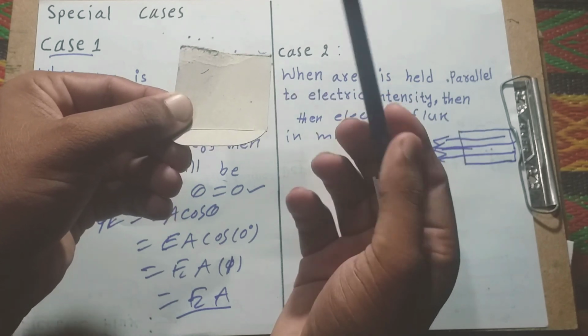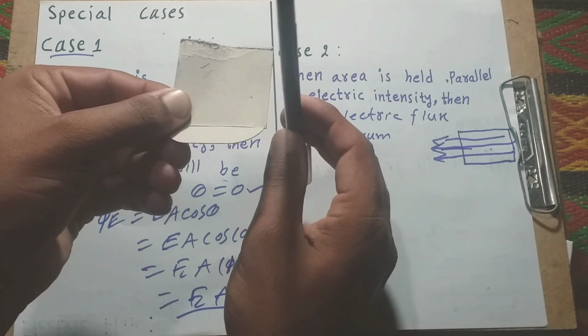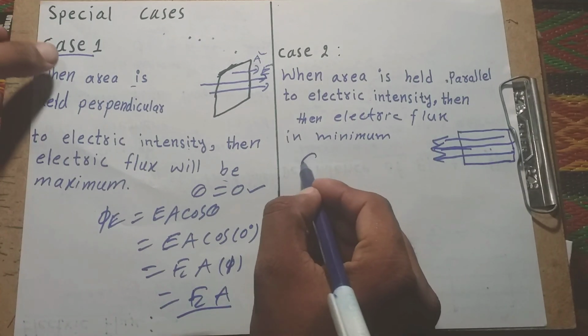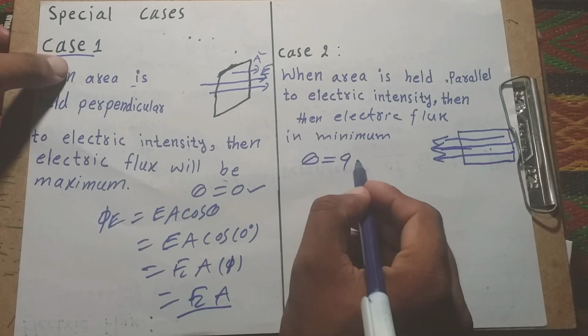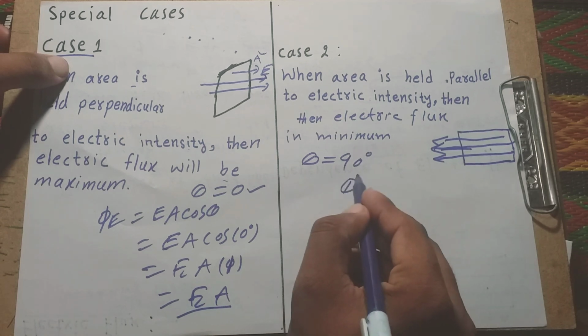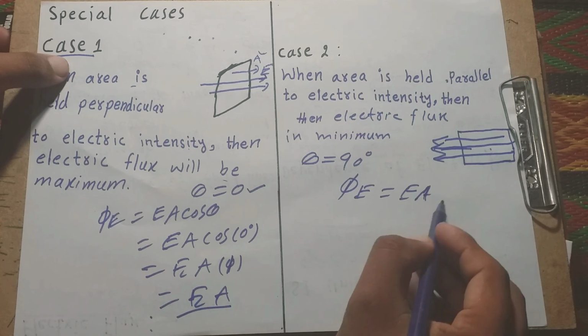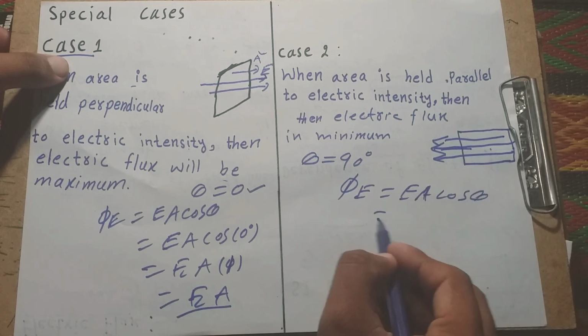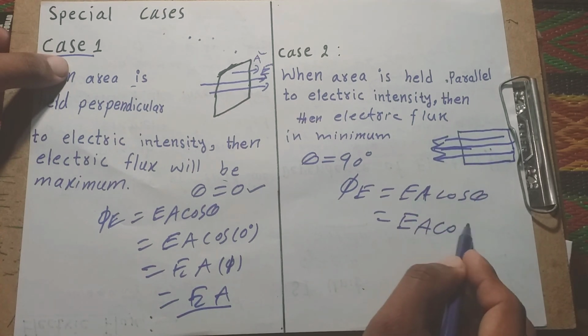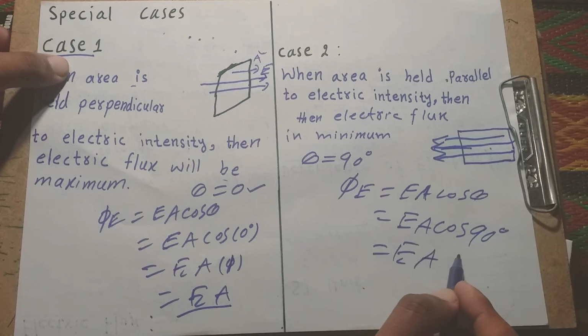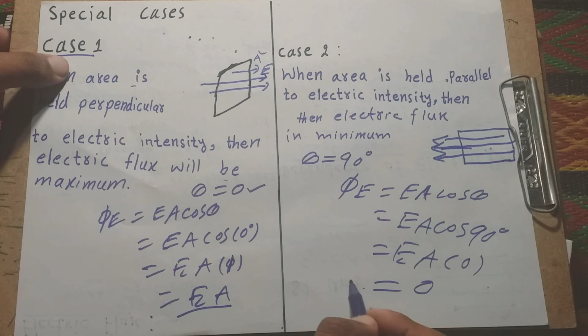The angle between the lines and the normal is 90. We know that electric flux is equal to EA cos theta, and cos 90 is 0, so electric flux is 0.